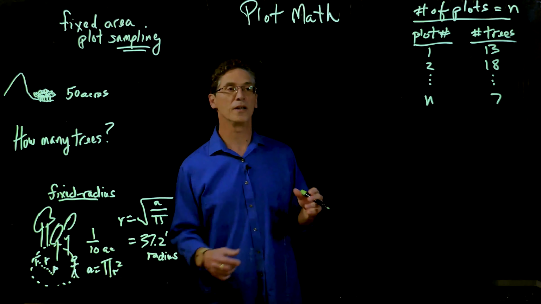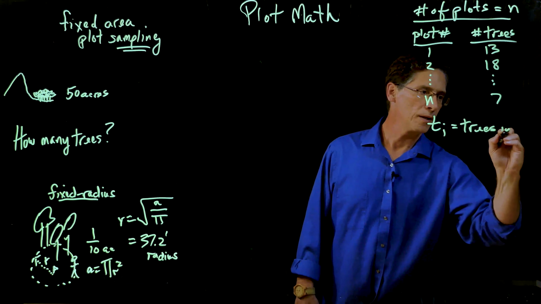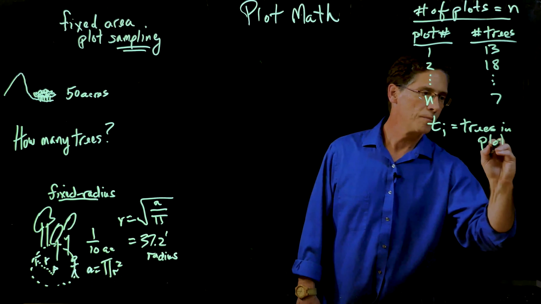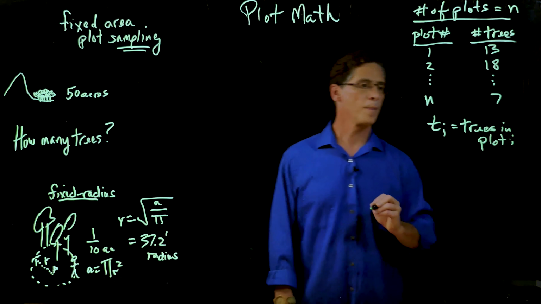Okay, so what we want to know next is the average number of trees per plot. So let's say that the letter T subscripted with an i equals the number of trees in plot i. Okay?